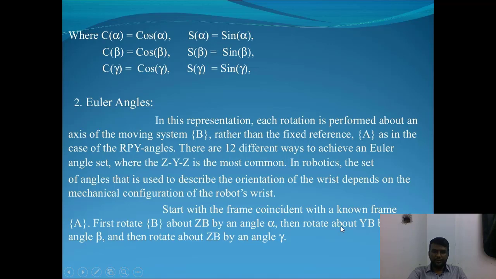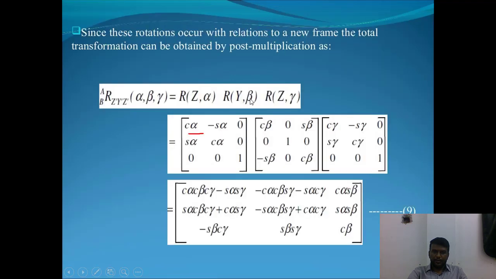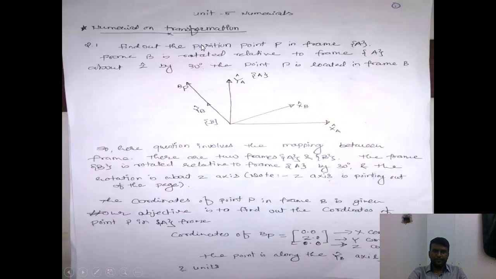There is rotation about YB, ZB, and again ZB. So first is about the Z axis, again the Y axis, and then again the Z axis, and we get the matrix after the multiplication. So these are the matrices that will give you the orientation. Here C alpha is cos alpha, C beta is cos beta, C gamma is cos gamma, and S represents the sine.